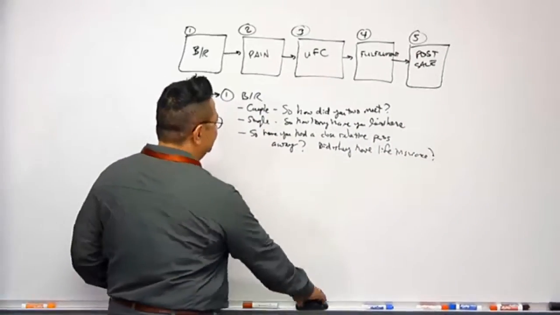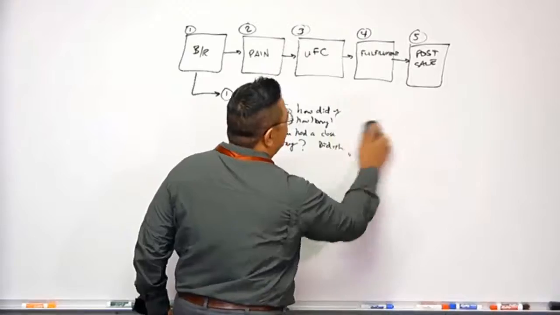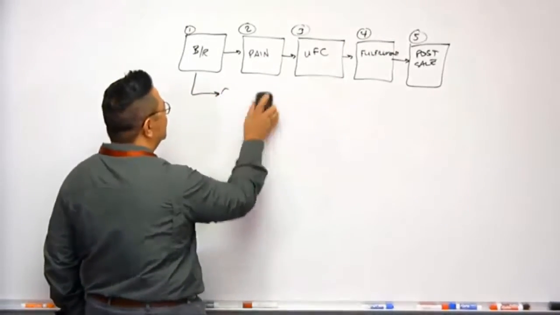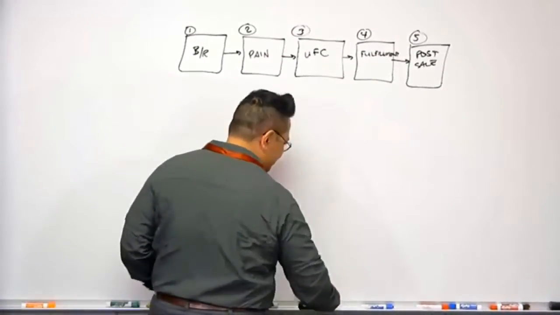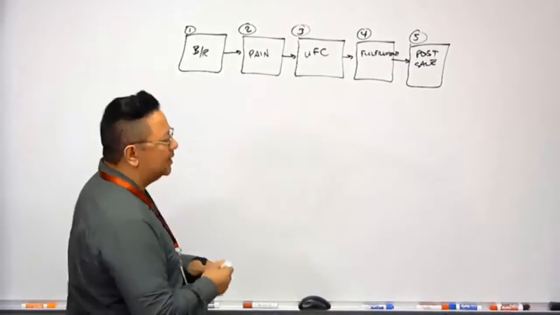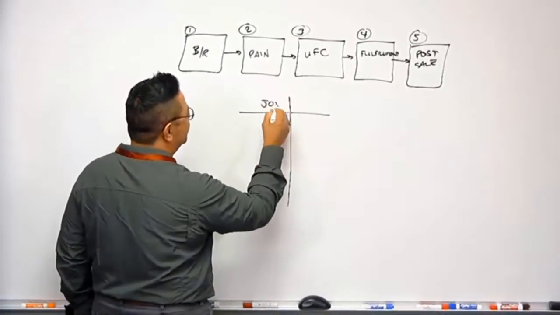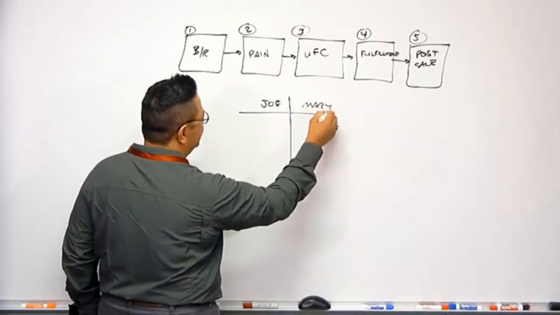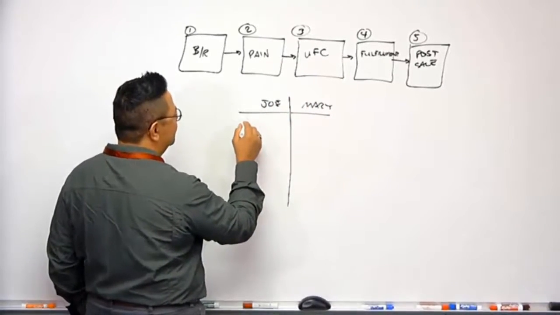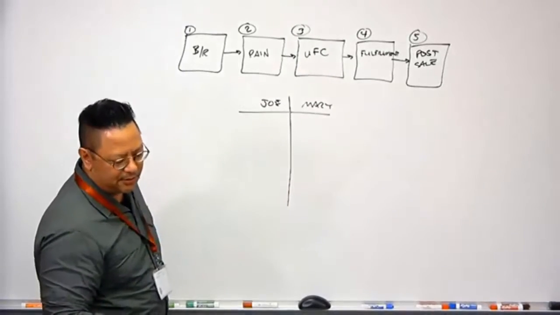So what I'm going to do is just do the T-graph. I'm going to put Joe and Mary. Then I'm going to confirm that information on the chart.